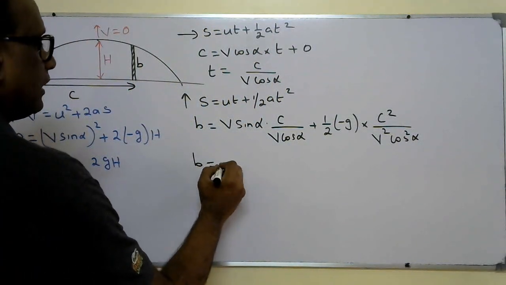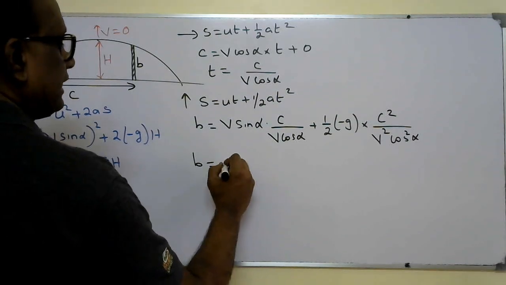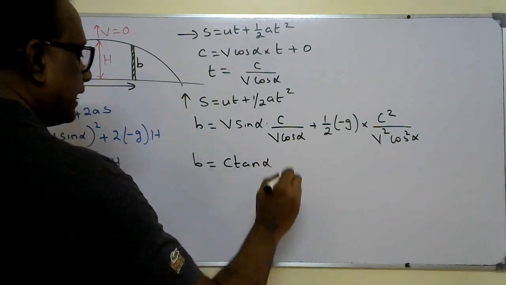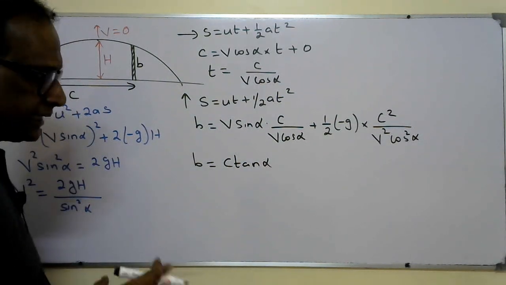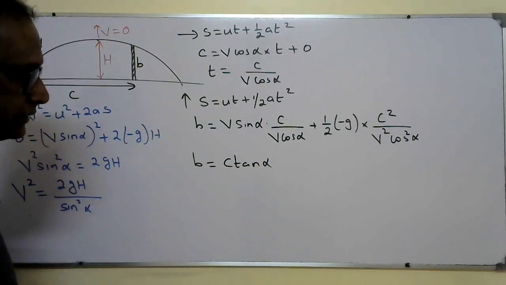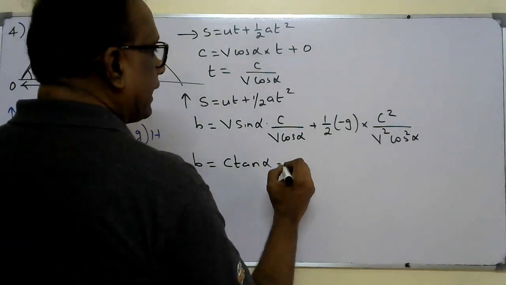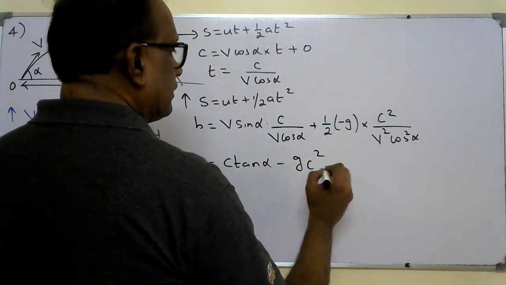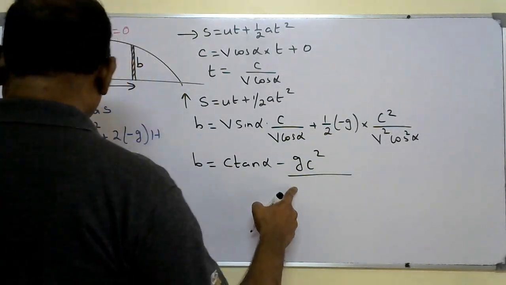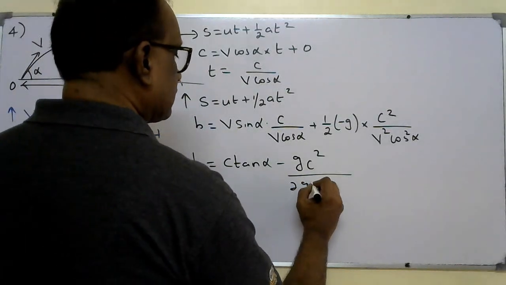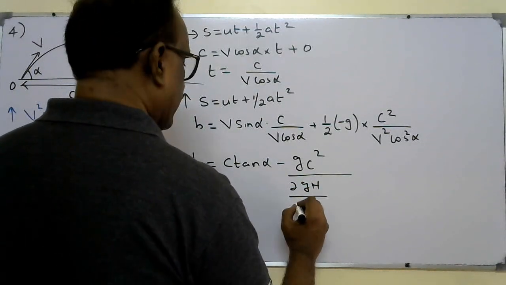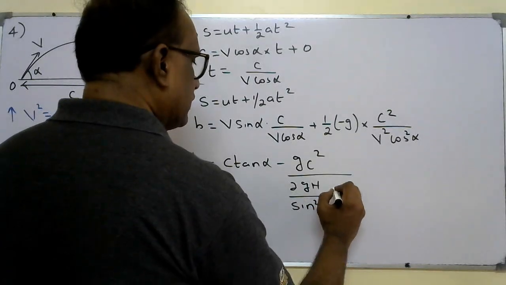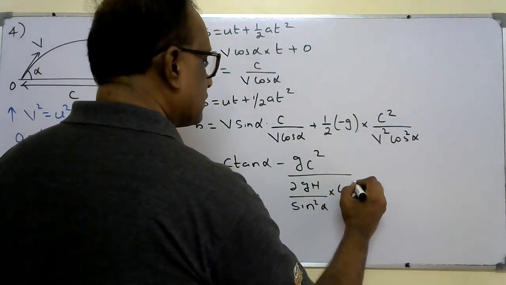It's going to be equal, we will get c tan alpha. You can see that, check the answer. C tan alpha is in the numerator, I got that. Minus g c squared over, instead of v squared, 2gh over sine squared alpha, times cos squared alpha.